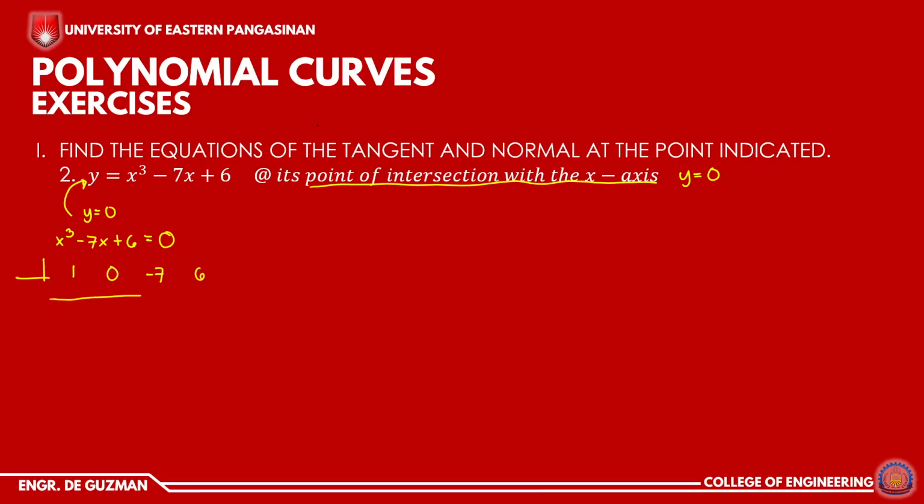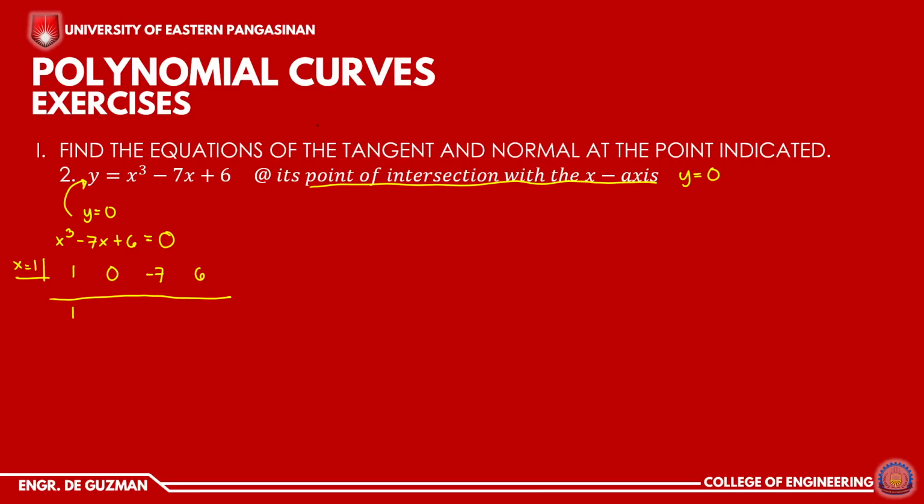So, mag-assume tayo ng value ng x is equals to 1. So, kung iba yung inassume nyo, okay lang. Ang pinagkaiba lang is dito sa ating last is hindi siya mag-0. So, kapag nag-0 yan, ibig sabihin, yung x na inassume nyo is value siya ng x dun sa equation na sinusolve natin.